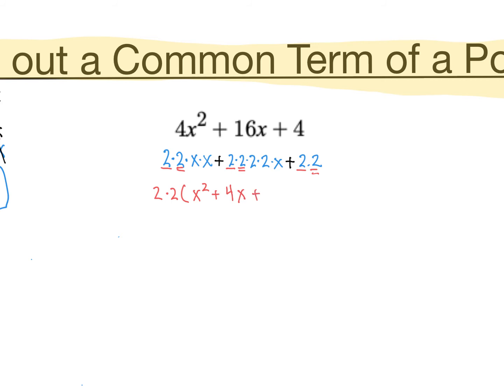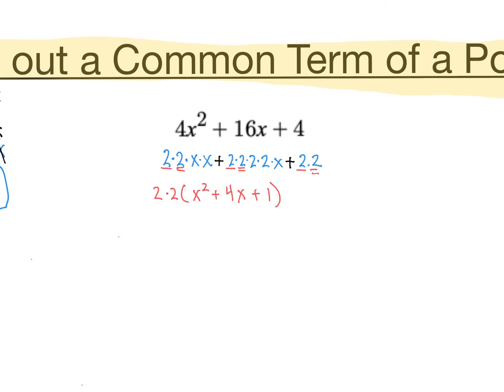plus, now, here is something that is really, really important. When we look right here, if we take both terms out, or if we take all the terms out, we need to go ahead and put a 1 as a placeholder here. And I'm going to show you why in a minute, and that will hopefully make sense then. So again, when you take both terms out, you have to put a placeholder here.